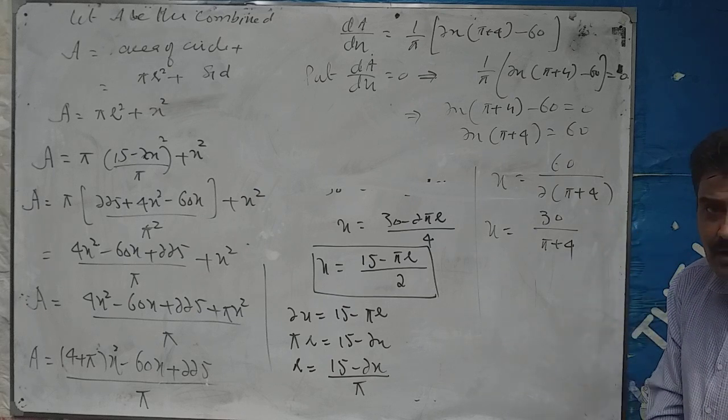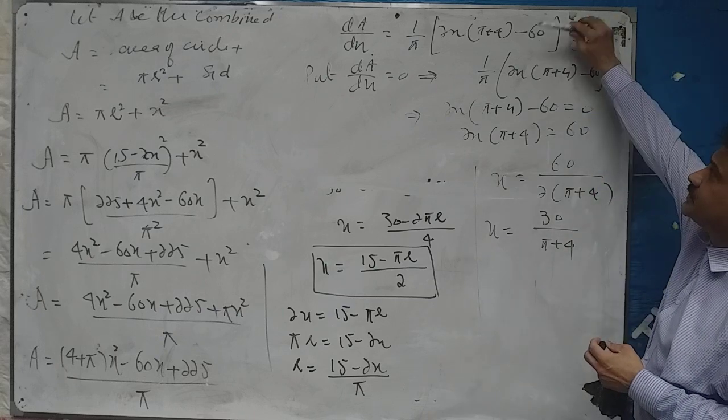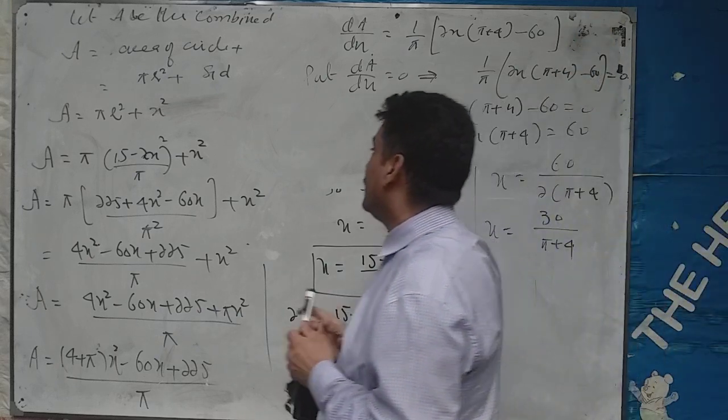We will check whether x is minimum or maximum. We have to differentiate dA by dx again with respect to x to get d2A by dx square.